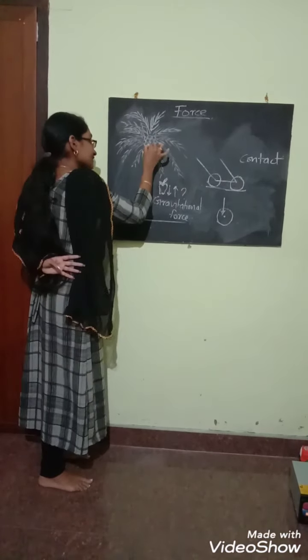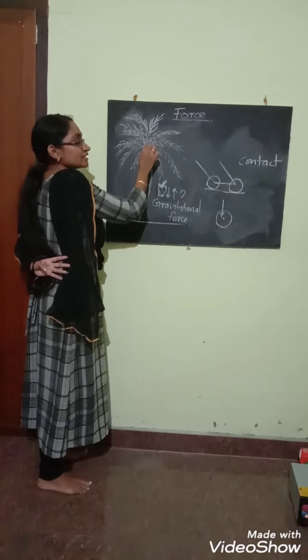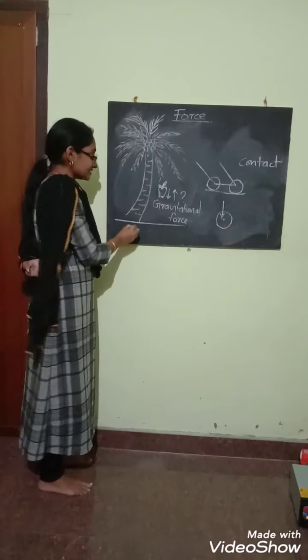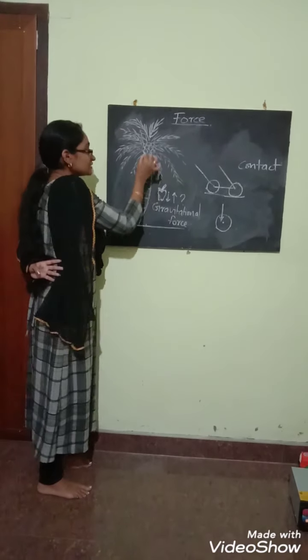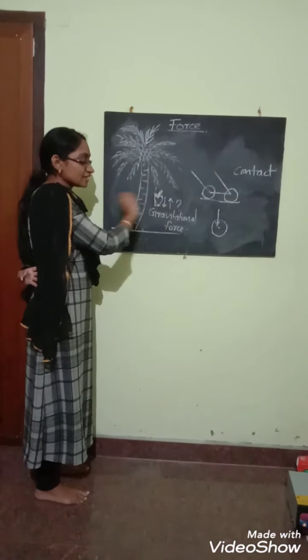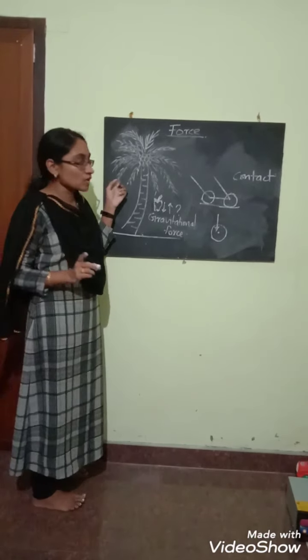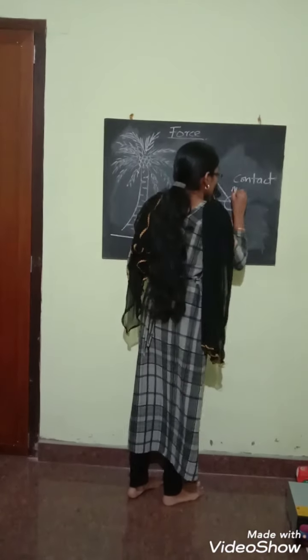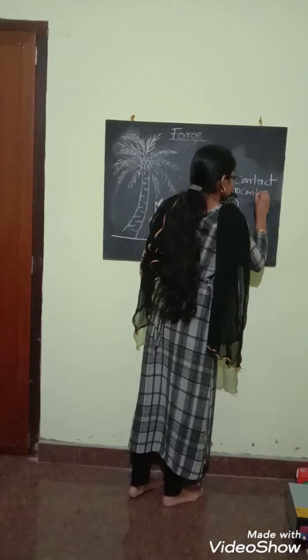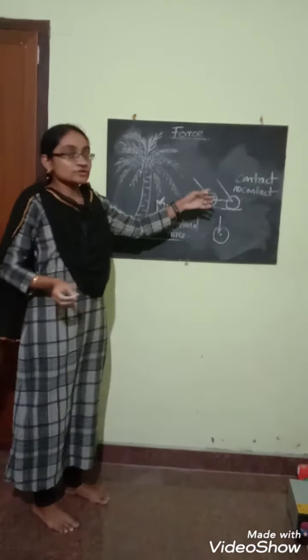No. At this point, when this coconut is on the coconut tree, they don't have contact with this ground. But this coconut is still attracting to our earth center. So in this case, there is no contact happening. No contact. These are the two examples.